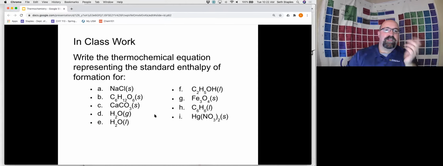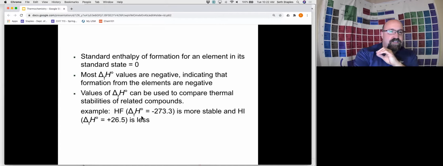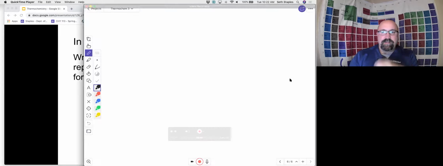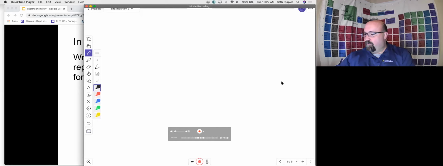And so just try some of these. Go ahead and write out the thermochemical equation which would represent the standard enthalpy of formation of these compounds, just to make sure again that you understand what enthalpy of formation is. For example, if we're looking at NaCl, let's do that one out for you.